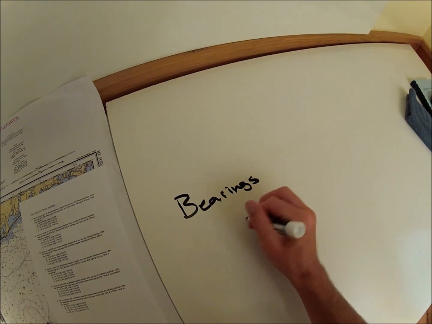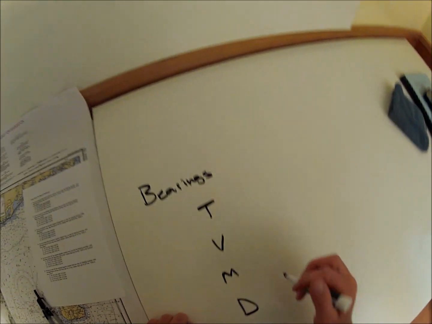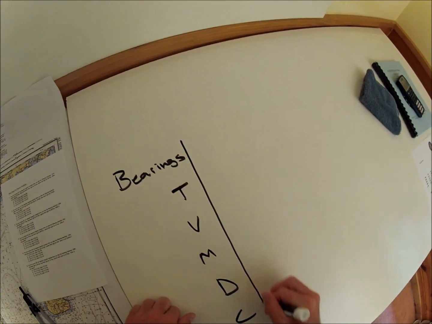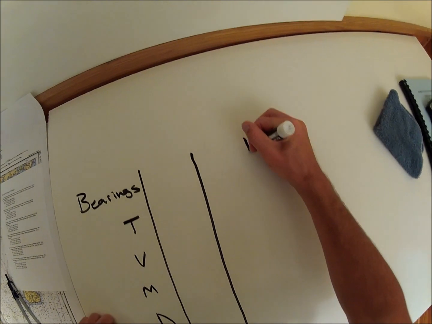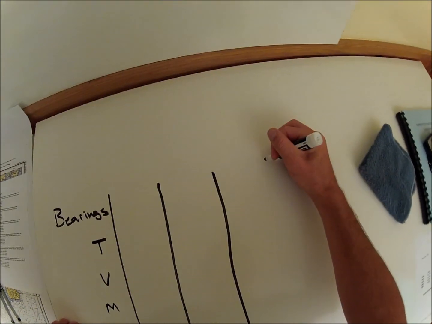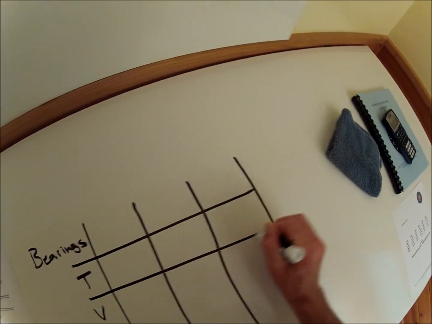On top, T, B, M, D, C. I just put these in a grid so I can keep them all in check. So here's our grid.